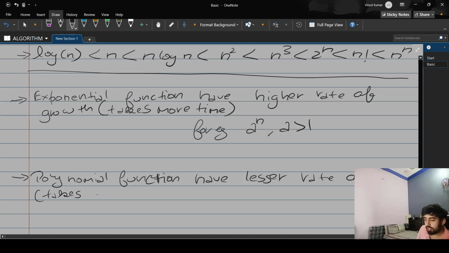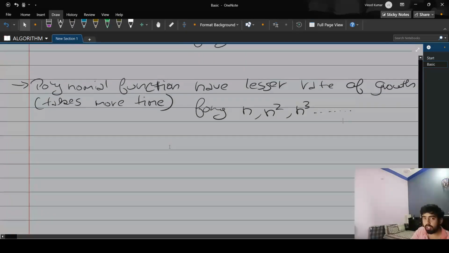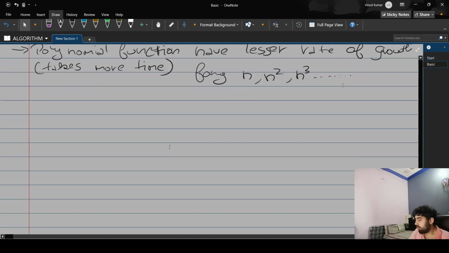So polynomial functions are faster than exponential functions. Examples of polynomial functions are n, n square, n cube, and so on. So remember this: polynomial functions are faster than exponential functions.